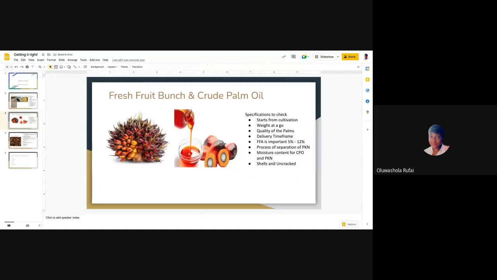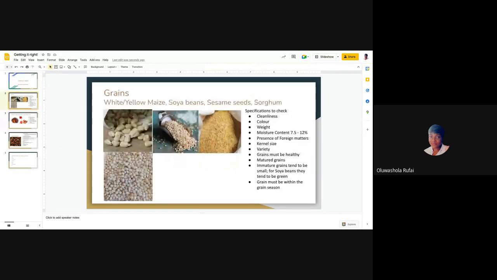I think that's the few I can add. So I believe more physical training will be done for the trustees and the salesmen on getting all these qualities right for supply to our buyers.